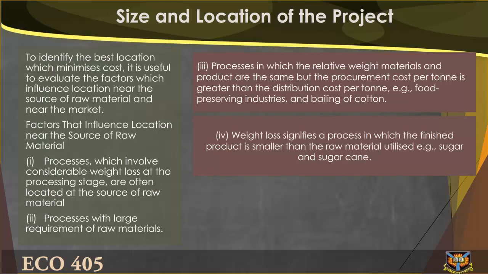Processes in which the relative weight of materials and product are the same, but the procurement cost per ton is greater than the distribution cost per ton. For example, food preserving industries and boiling of cotton. 4. Weight loss signifies a process in which the finished product is smaller than the raw material utilized. For example, sugar and sugar cane.